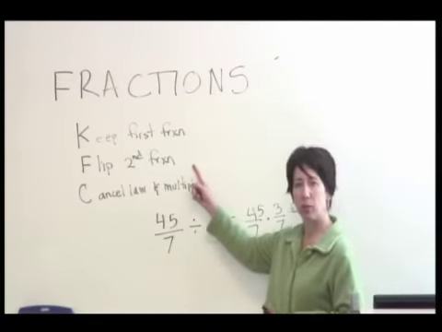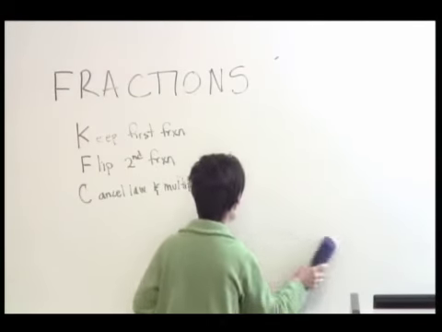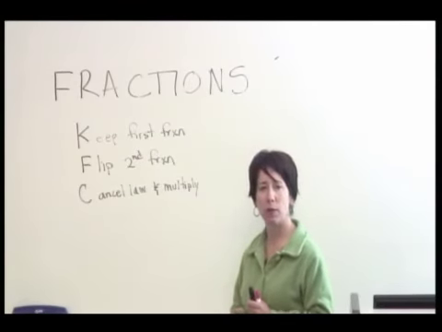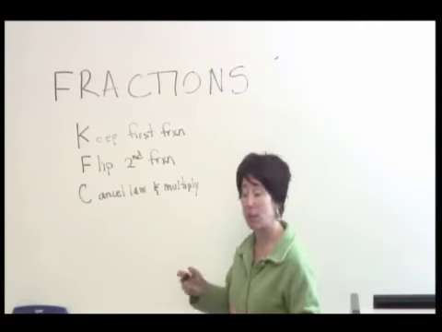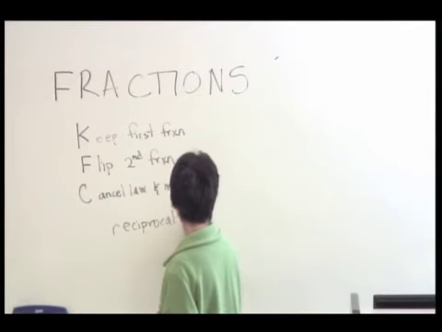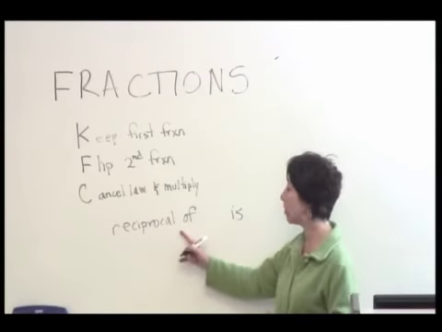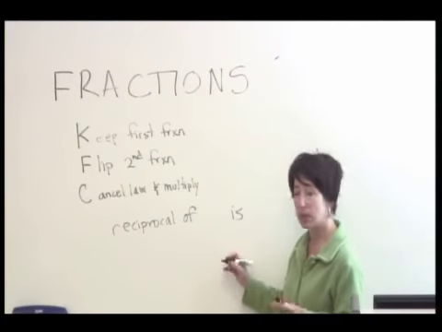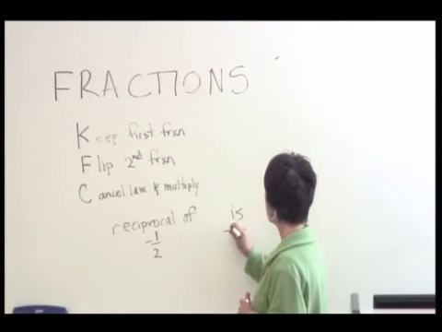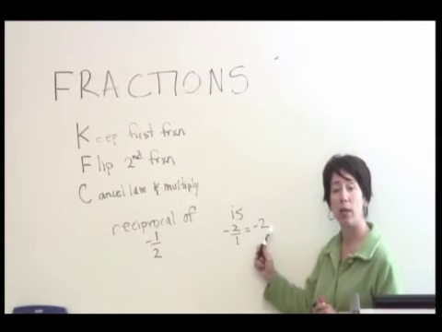Okay, now let me talk a little bit about flipping the second. When we flip a fraction, the result of the flipping has a name. It's known as a reciprocal. So I'm going to have this little table here, reciprocal of some fraction is. So the reciprocal of negative 1/2 is negative 2 over 1, or negative 2.